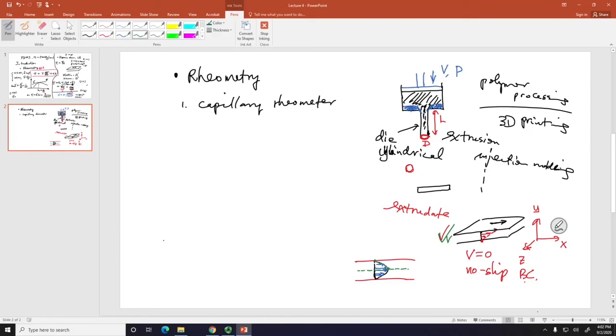So there is some velocity gradient. I know we have not tried to do anything fancy in the past. I showed you that V over H is the shear rate.